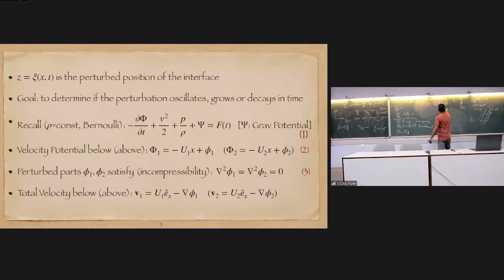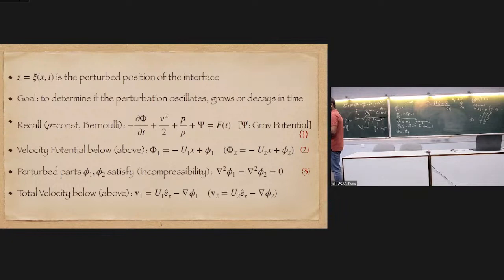So that means this you can also write as minus gradient of the perturbed velocity potential, right? So phi 1 and phi 2 correspond to the perturbed velocity potential. Even if you had no flow to begin with, that means capital U1 and capital U2 are 0, you will perturb and have phi 1 and phi 2.